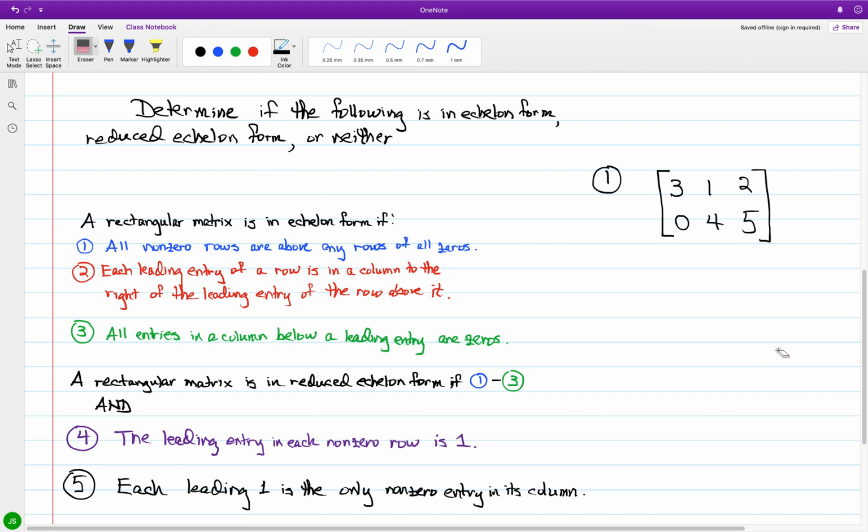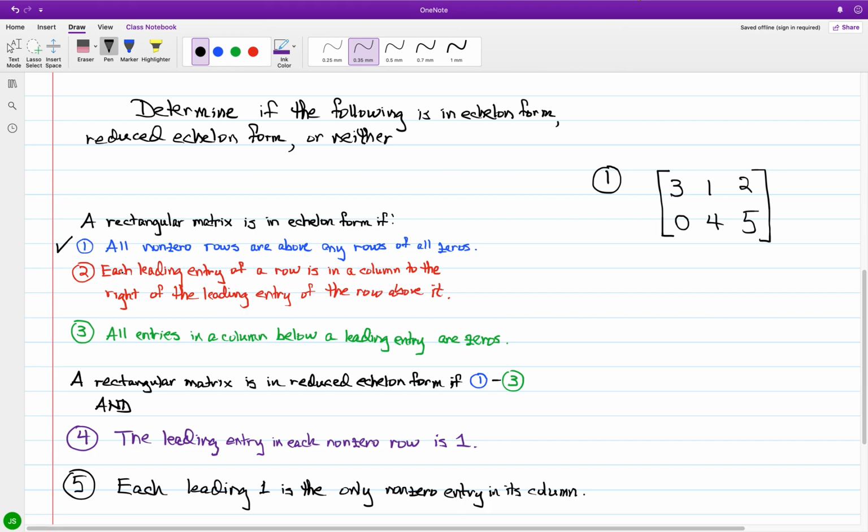Let's take an example. Say you're determining if this matrix is in echelon form, reduced echelon form, or neither. So we've got 3, 1, 2, 0, 4, 5. It says all non-zero rows are above any rows of all zeros. We don't have any rows of all zeros, so at least there's no obstacle in satisfying number 1.